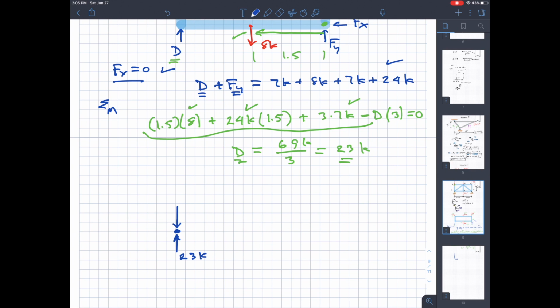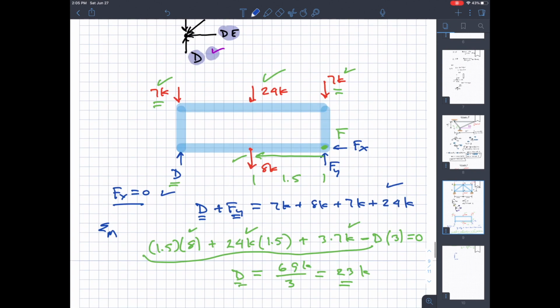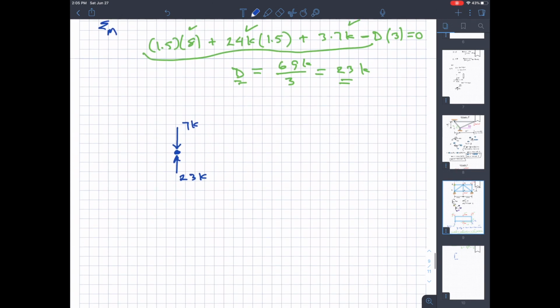Actually, I'd already calculated that it was in compression. I know that value is 7K. Then up here I have member DB, and I can put that in compression. I can use this to solve for DB.